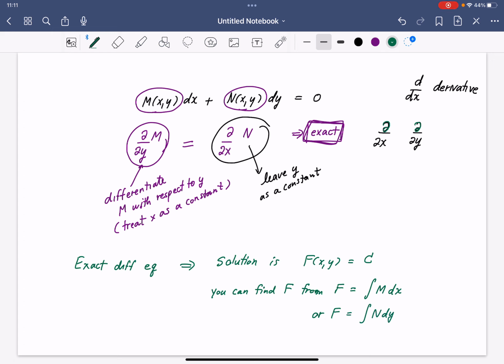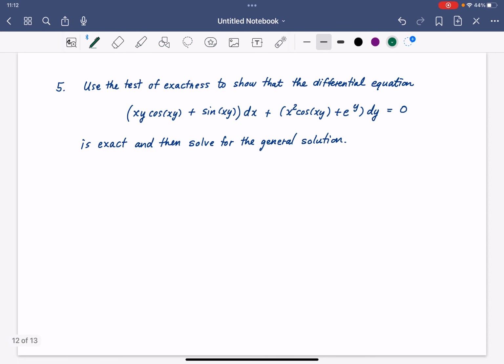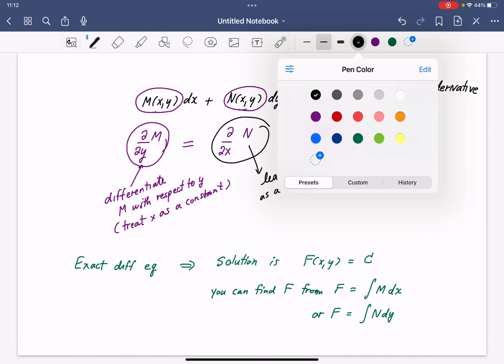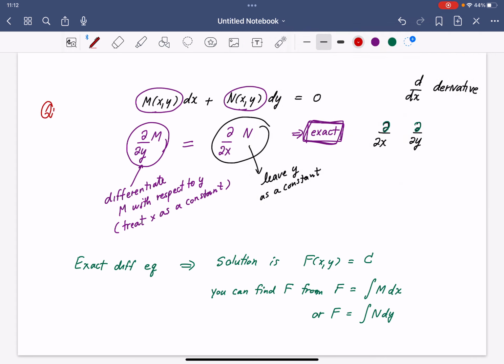You can find it in these 2 ways. I'm going to show you how to do it in a minute, but this is how you can find f from there or from there. Let's take a look at an example first. This is the quick theory.